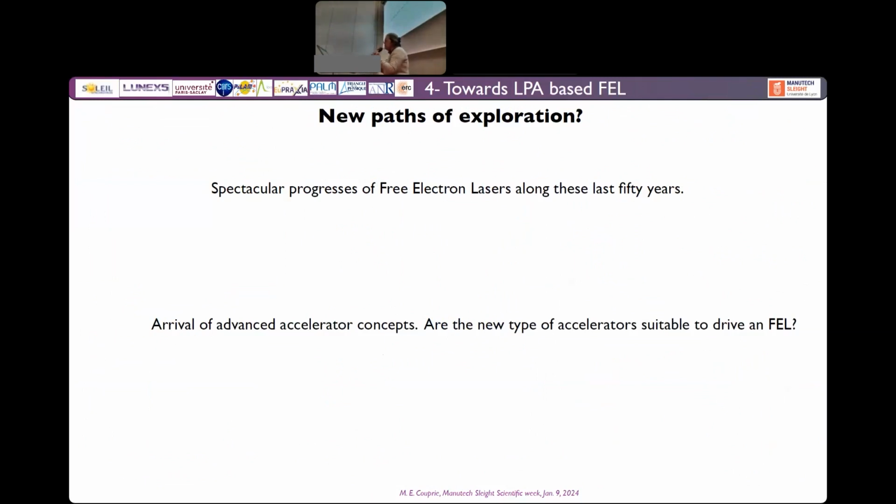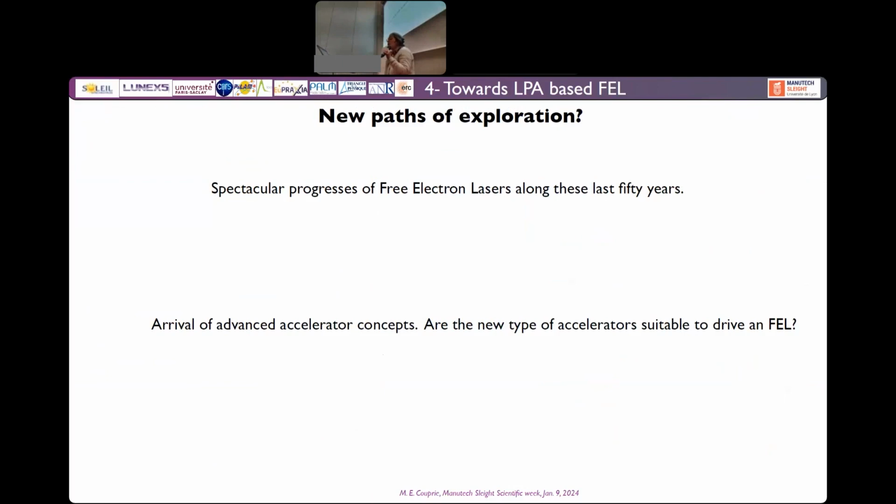So then I will finish this lecture with the new paths of exploration and what we are looking at. So I think I showed you that there has been spectacular progress in the free electron laser field along these 50 years, from the first FEL demonstration to now the advent of high intensity X-ray FELs and a variety of applications.